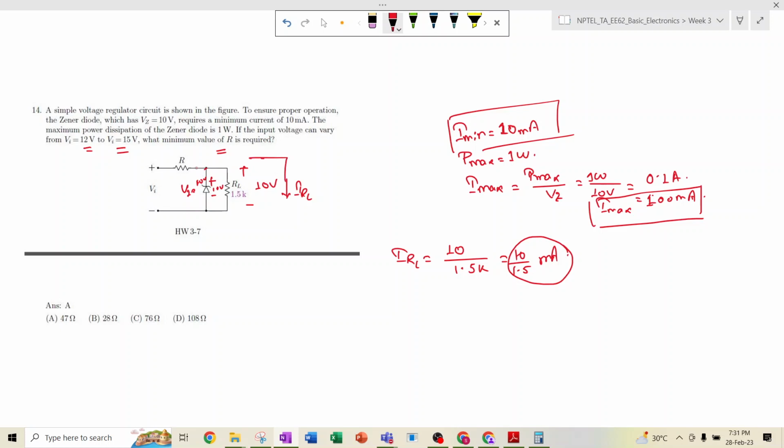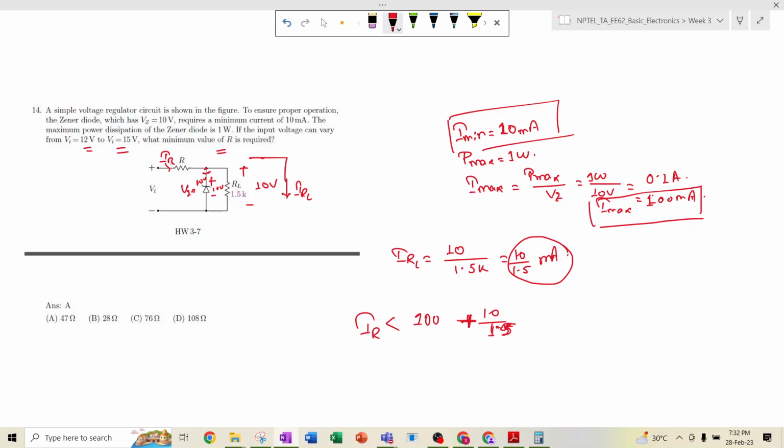Now if we apply the KCL, and denote the current flowing through the resistance R as IR, then IR should be less than or equal to 100 plus 10 by 1.5. 10 by 1.5 milliampere is flowing through the load resistance, and the maximum current that can flow through the Zener diode is 100 milliampere.